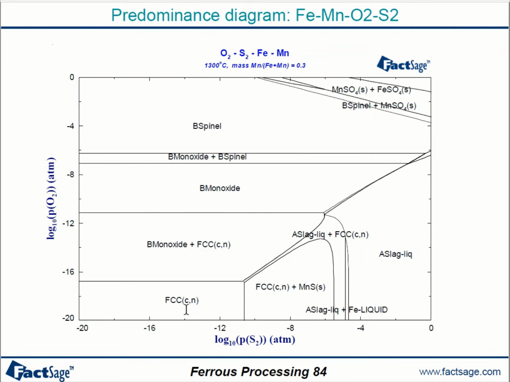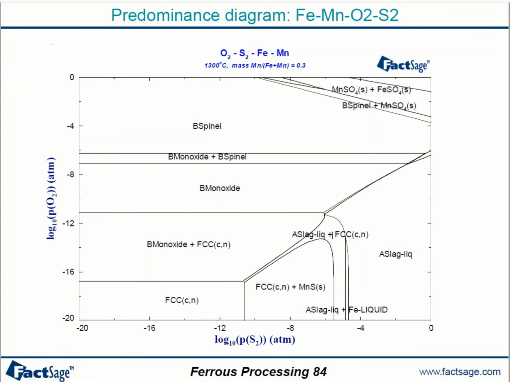Then you can get this kind of phase diagram. Okay, and this is the predominance diagram. As I mentioned before, in the phase diagram calculation, we are considering all the solid solution or liquid solution as well. So it's much more accurate, more realistic kind of phase diagram calculation.